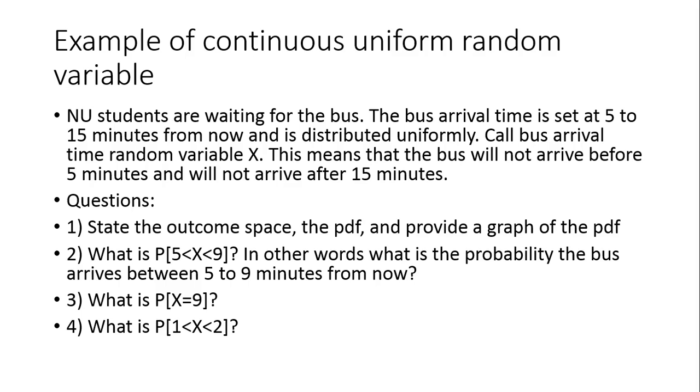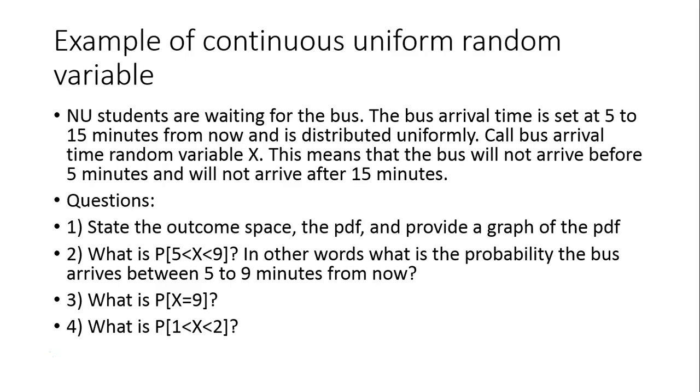Call the bus arrival time random variable x. This means that the bus will not arrive before 5 minutes or after 15 minutes. It's going to arrive between 5 and 15 minutes from now. Not after 1 minute, not after 2 minutes, for sure, but between 5 and 15 minutes, and not after 15 minutes.